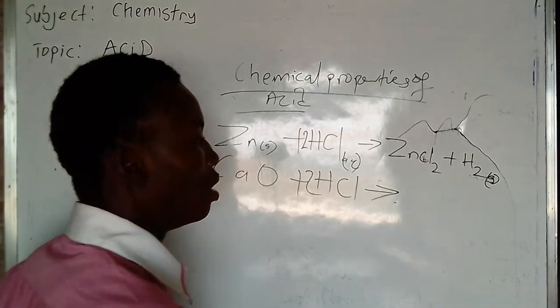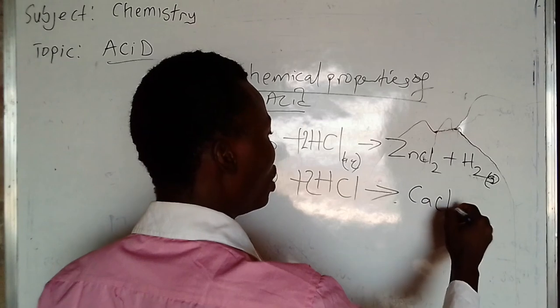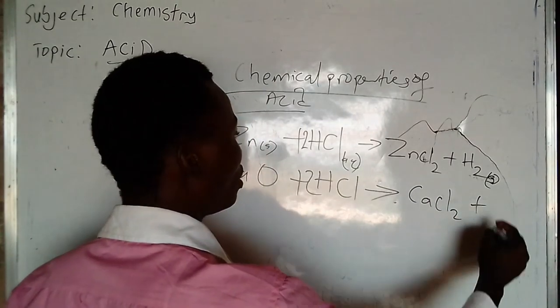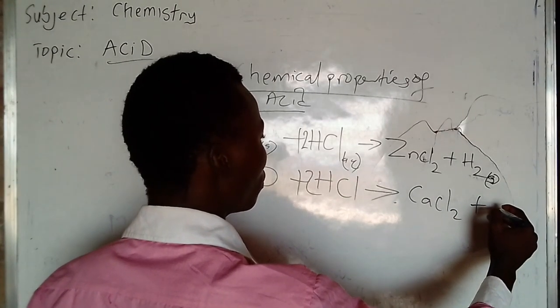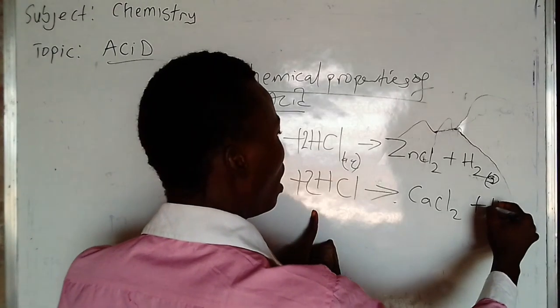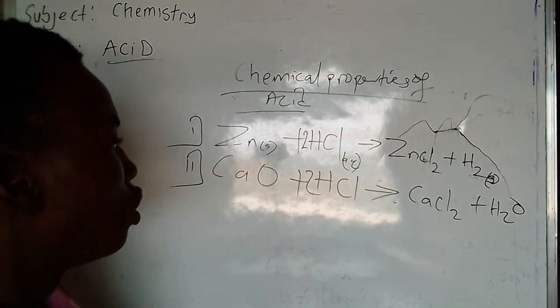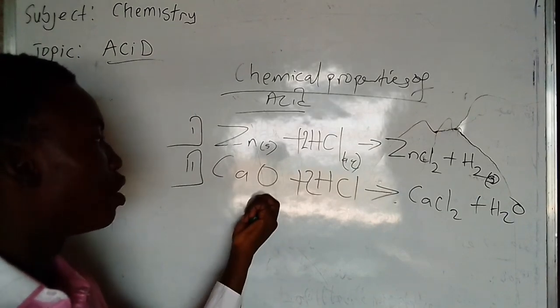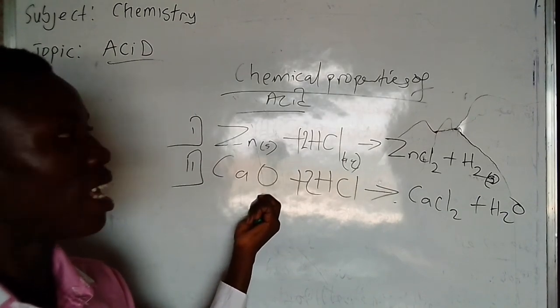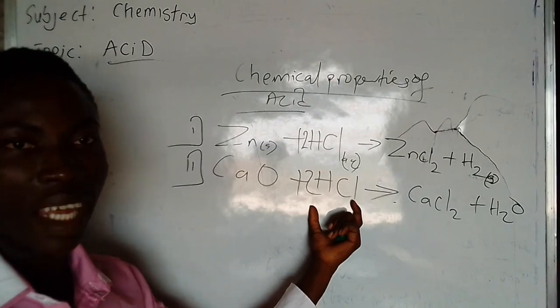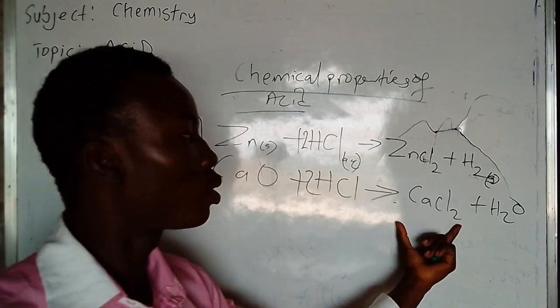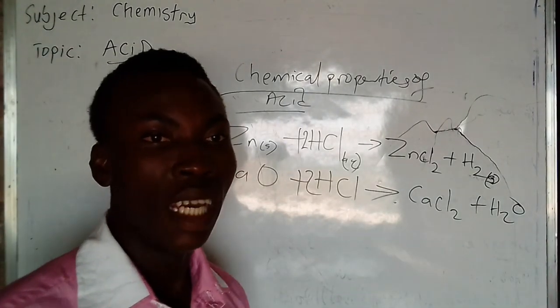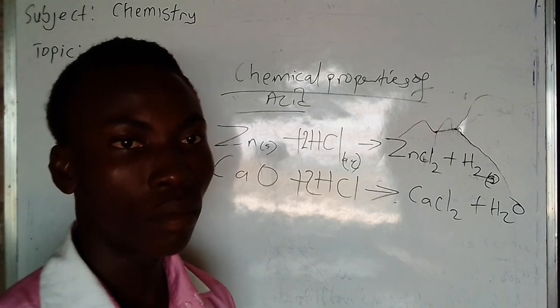We are going to have CaCl2, plus H2O will be produced. So, acid reacts together with non-metals. In this place now, we have calcium oxide, which is an alkaline, together with hydrochloric acid to produce calcium chloride plus what? Plus H2O. It's a typical example there as well.